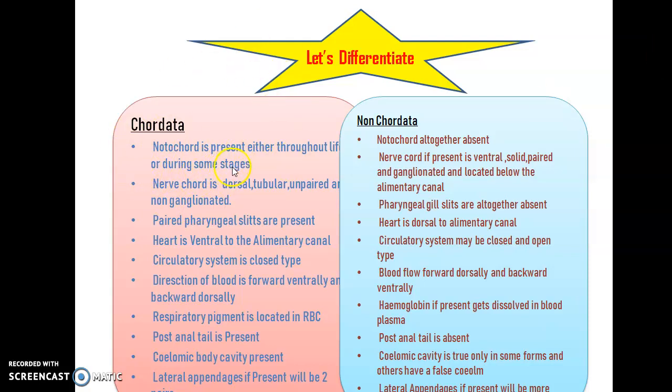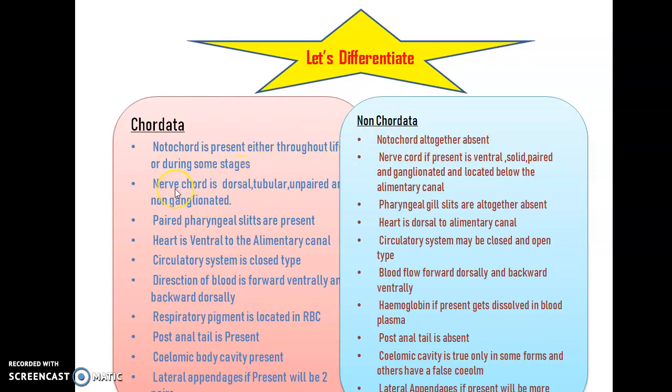For example, in the case of urochordates, the notochord is present only in the larval stage, while in the case of cephalochordates, it is present through the entire length of the life cycle of that organism. While in the case of non-chordates, it is altogether absent.